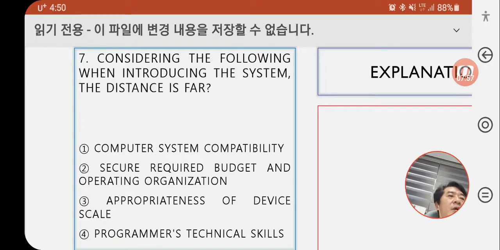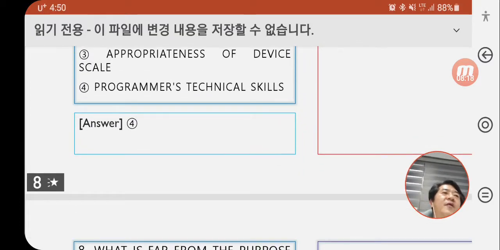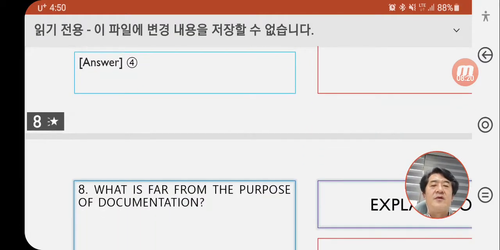Number 4, programmers' technical skills. The far answer is number 4. Number 4 is far from correct.